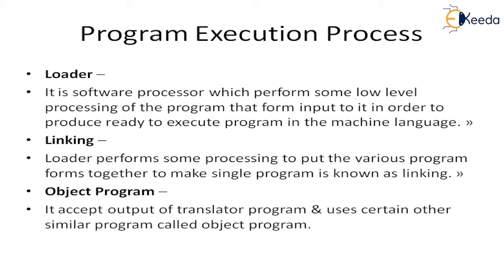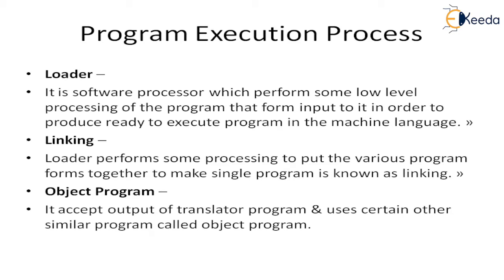The loader is a software processor which performs some low-level processing of the program that forms the input in order to produce a ready-to-execute program. The loader loads all the programs and prepares them for execution in machine language. Linking: again, the loader performs some processing to put the various programs together to make a single program, which is called linking.